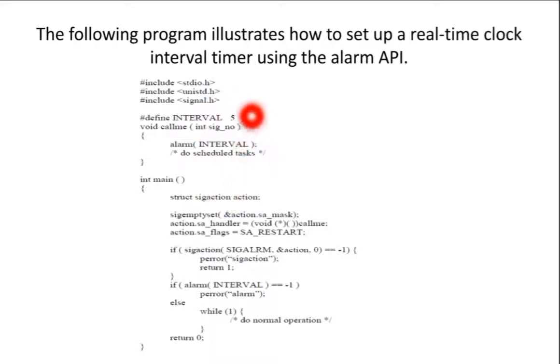For 5 seconds it will do a scheduled task, then it will continue with the normal operation. Again it will call it after the timer has expired, and again after that it will do the normal operation. This process goes on repeating.